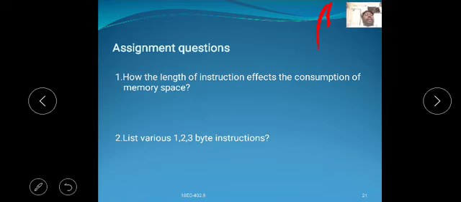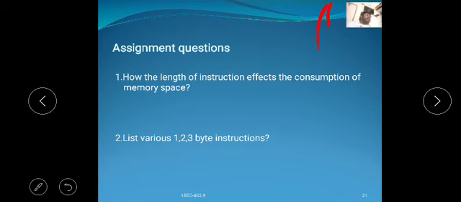In this class we discussed 1 byte instructions, 2 byte instructions and 3 byte instructions. The length of the instruction is the first point. In 1 byte instructions, the operand and opcode are both in the same byte, so it consumes less memory space.